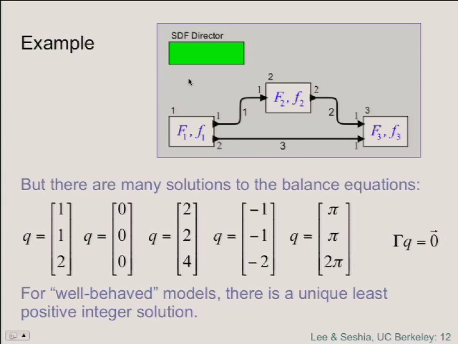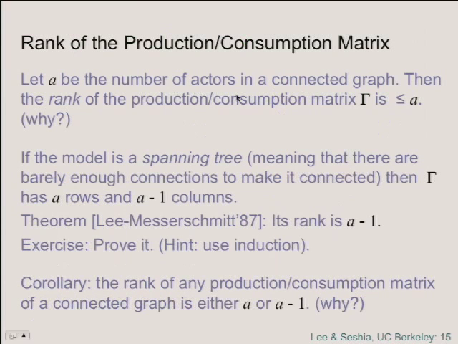Okay, so if we assume that we have a connected graph, then if A is the number of actors in the connected graph, then that is also equal to the number of columns in this matrix. Okay? If the model is a spanning tree, meaning that there are barely enough connections to make it connected, meaning that if I remove any connection, it becomes a disconnected graph.